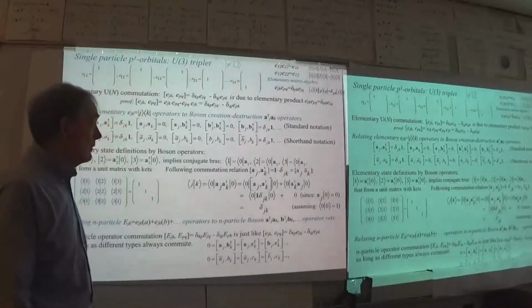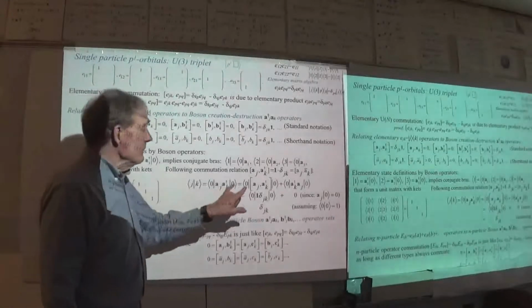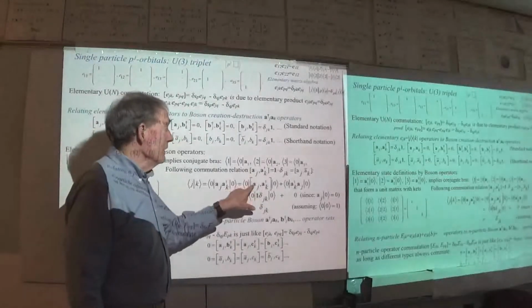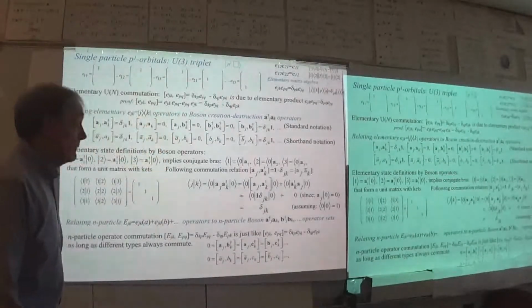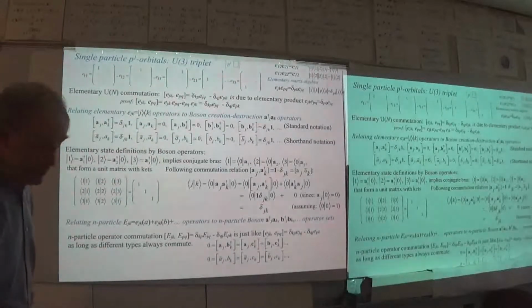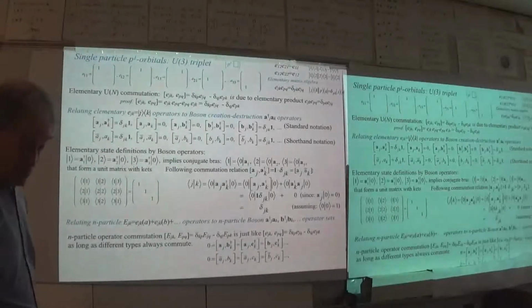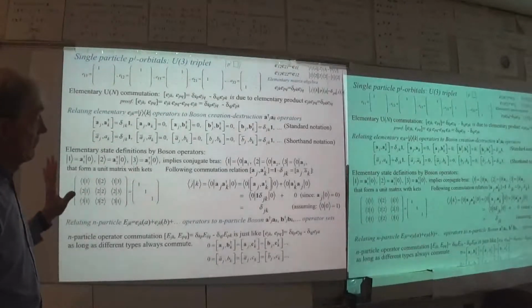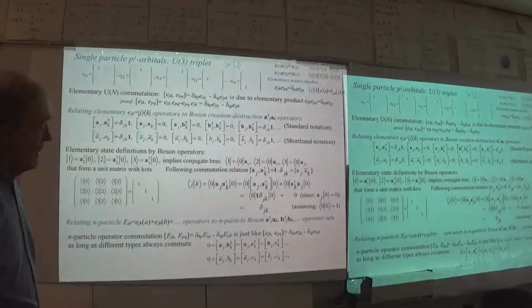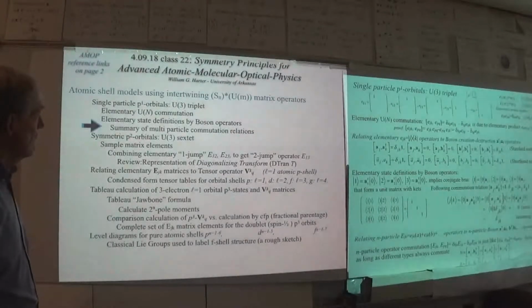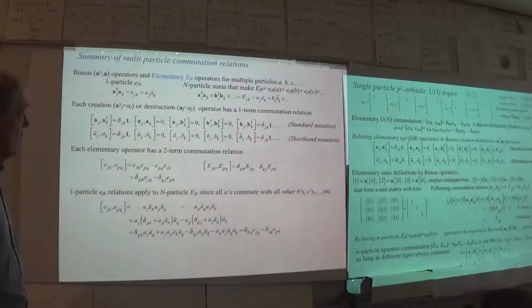The only commutator that survives is the same dimension with the same particle, the same state with the same particle. Those are the only things that have a commutation that's not 0. So that has to be said, I think. And it's not made clear enough in many of the texts that describe this.